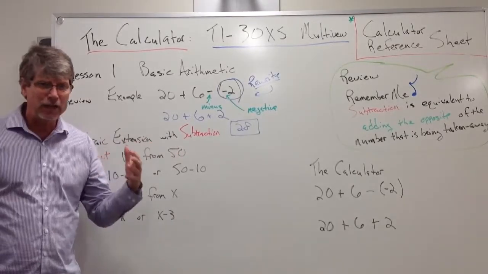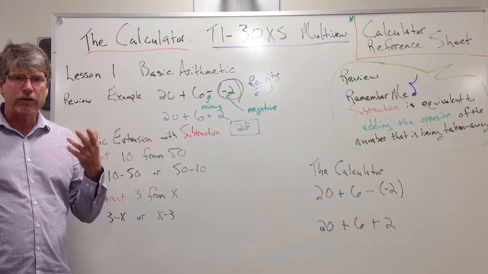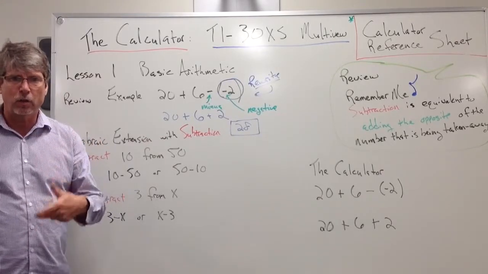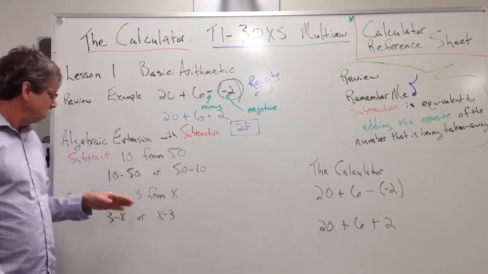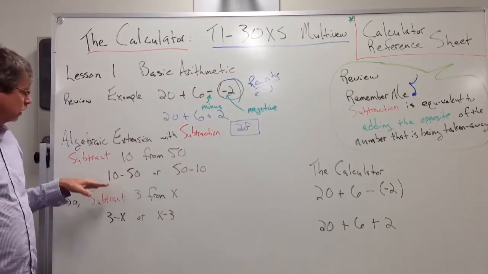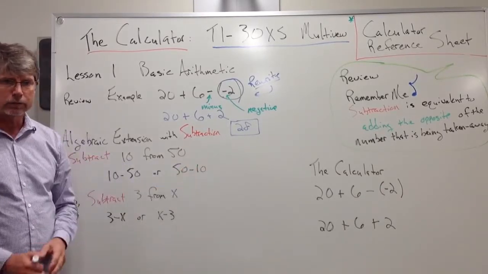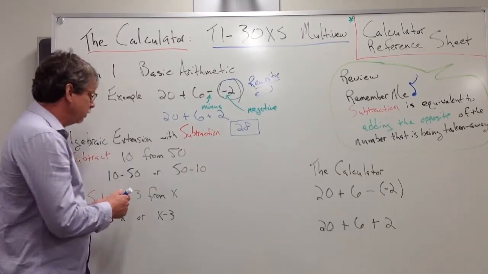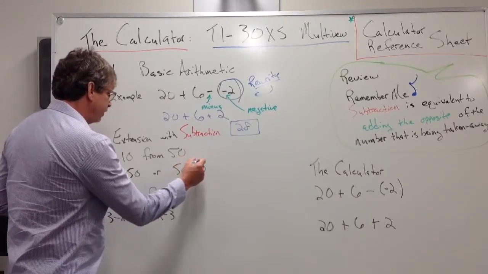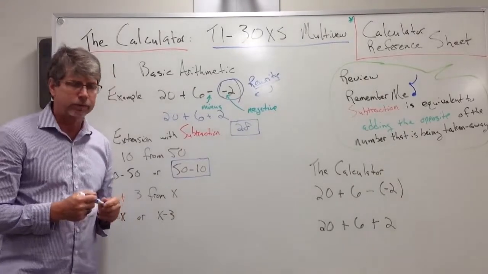If I want to subtract 10 from 50, what it means is you have $50 and you've got to take away $10 from that. Which of these expressions would correctly perform that? 10 take away 50 or 50 take away 10? So again, 50 take away 10 would be the correct way of thinking about that problem.